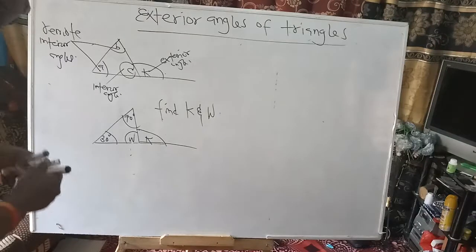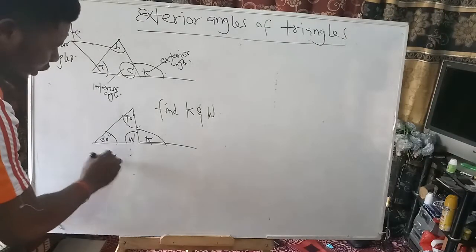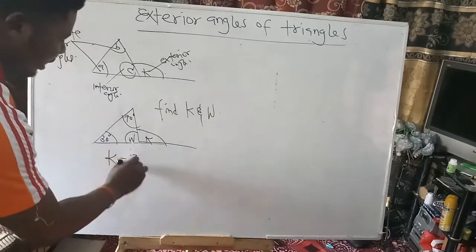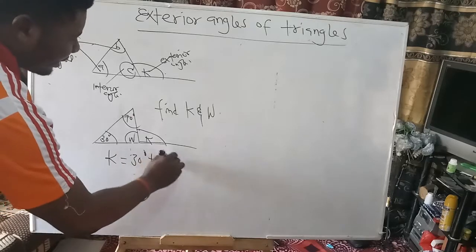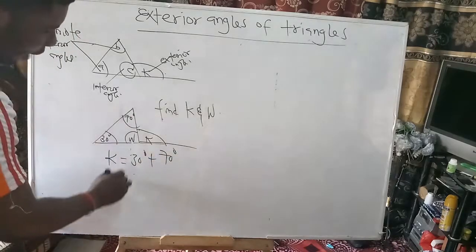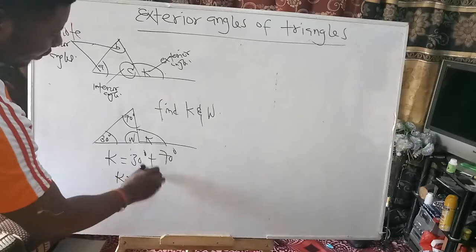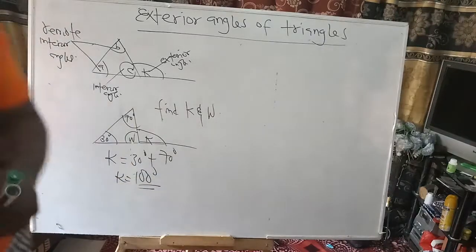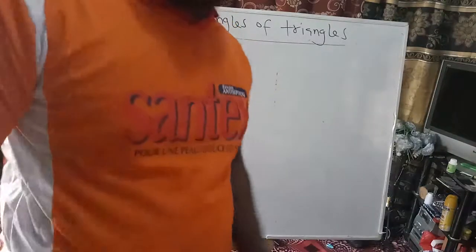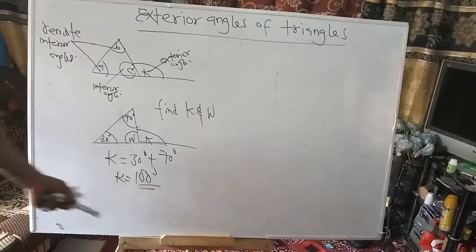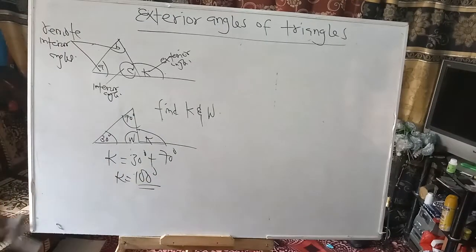So K is equal to 30 degrees plus 70 degrees, which gives 100 degrees. Straightforward. So we have gotten the value of K. This is the shortcut in solving this question.